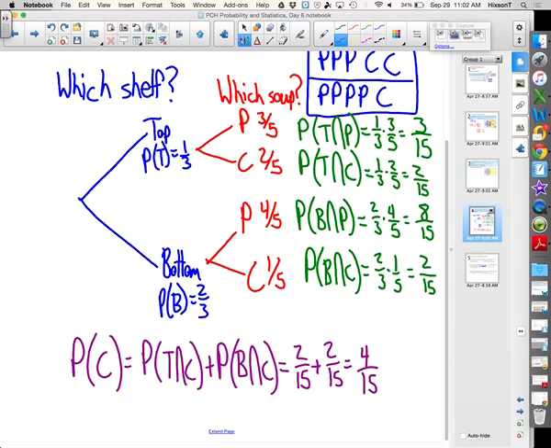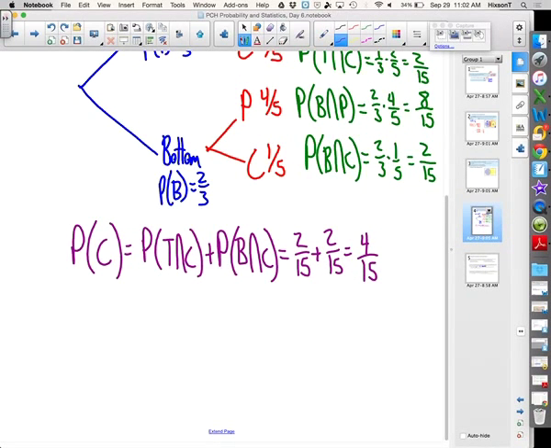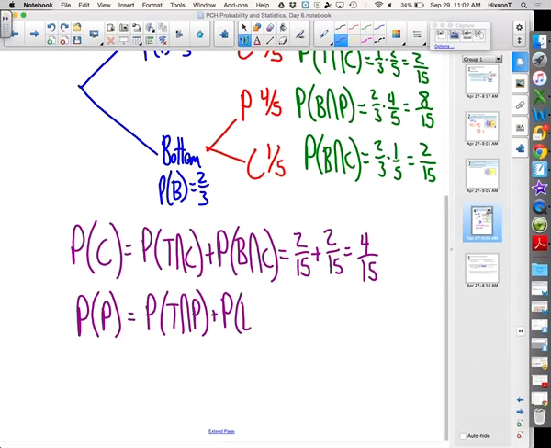All right, now, what's the probability of picking a can of pumpkin soup? 11. How'd you get that, Rachel? We just added the 3/15 plus 8. Okay, good. To get the probability of getting pumpkin soup, we could have gotten that off the top shelf, or we could have gotten that off the bottom shelf.